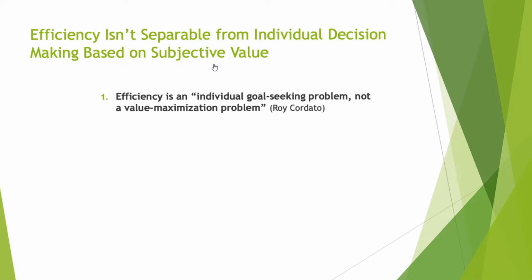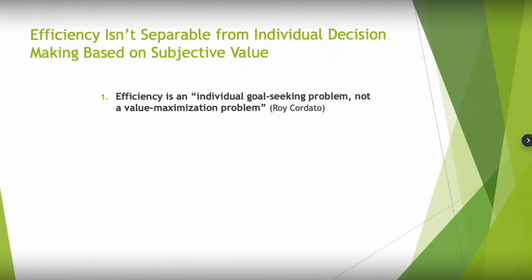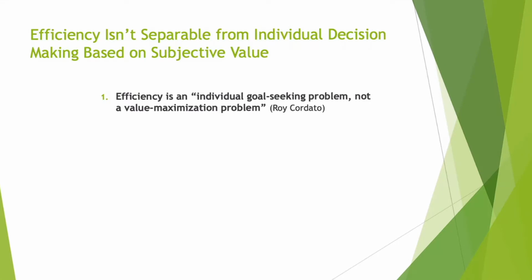So if you're not familiar with that, then that would be one to take a look at. Cordato says that efficiency is an individual goal-seeking problem, not a value maximization problem. So efficiency is attained when legal institutions allow individuals to pursue their ends.